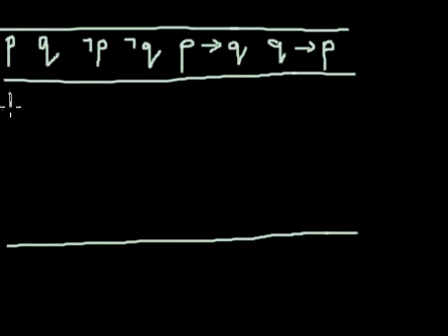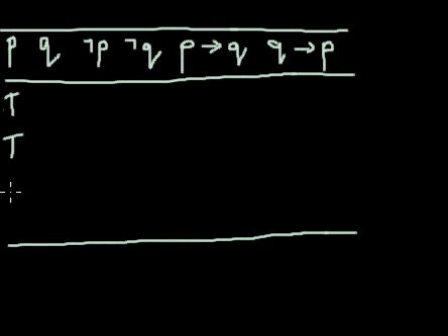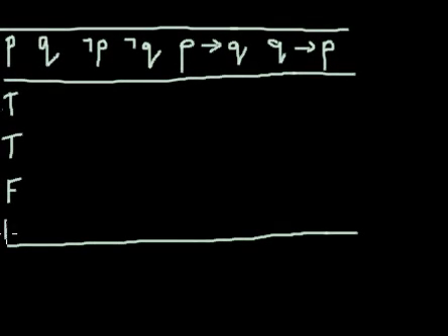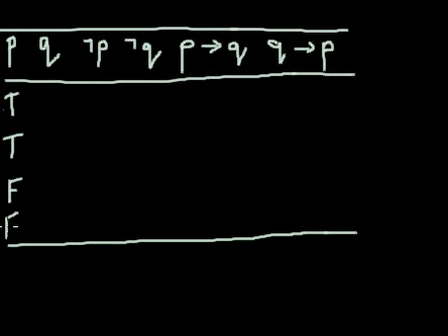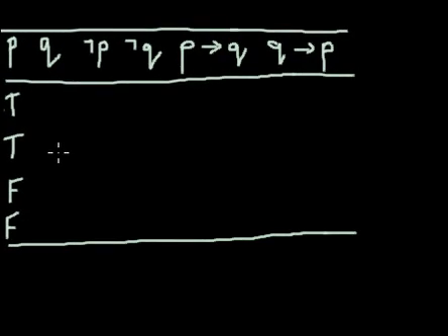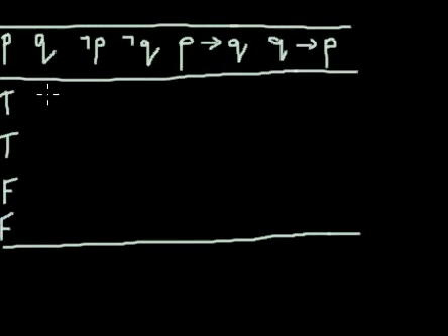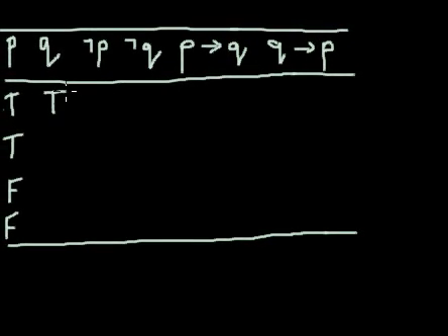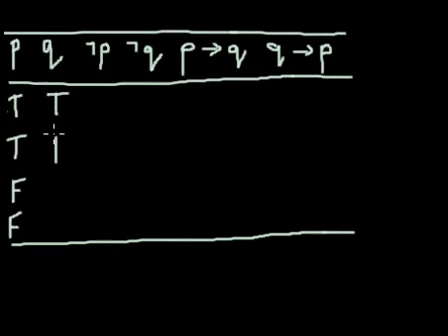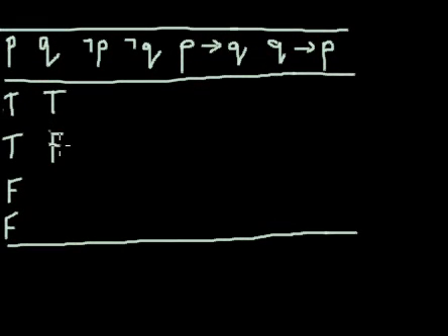First we enter true, true, false, false, you can see the pattern. We have already seen this table in one of my previous videos. This is the pattern for two variables: true, true, false, false, and then true, false, true, false.